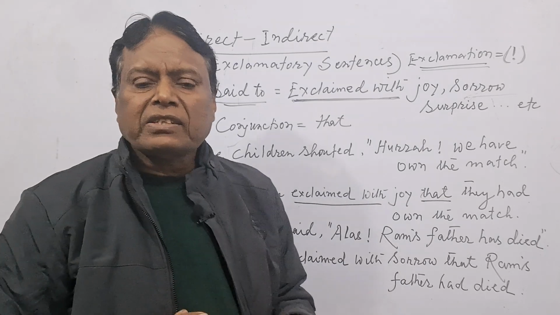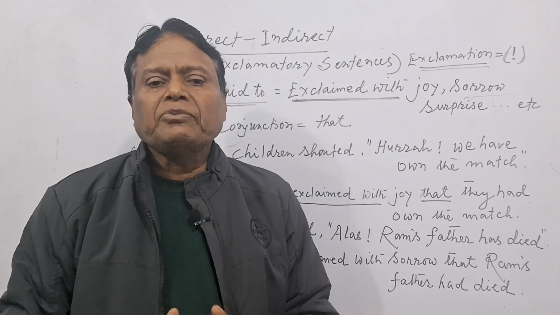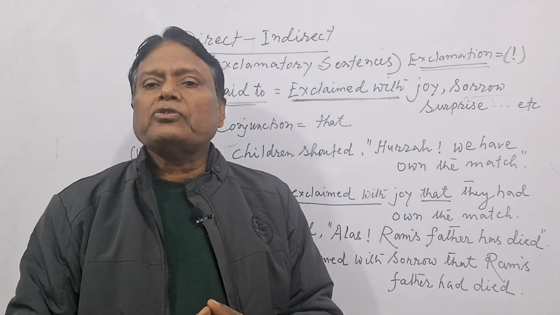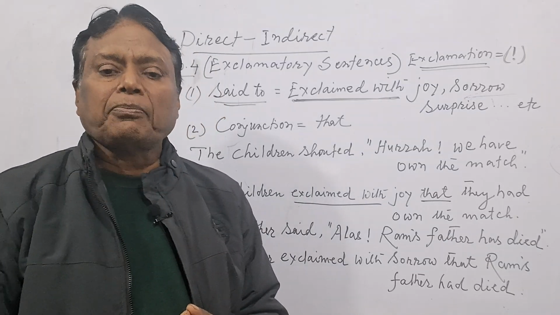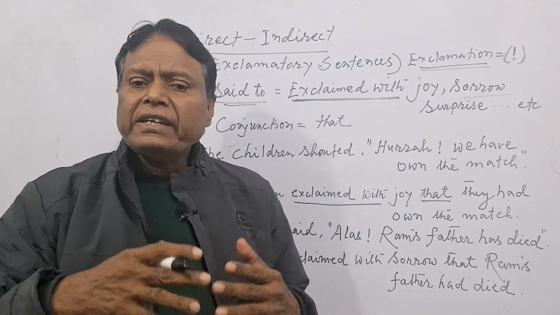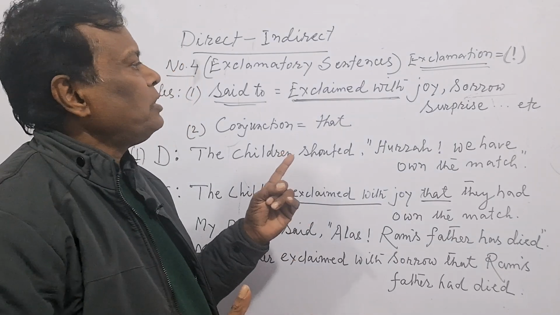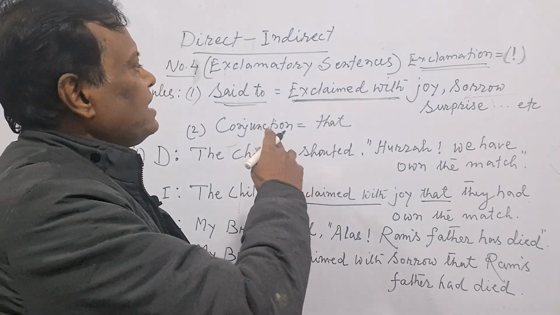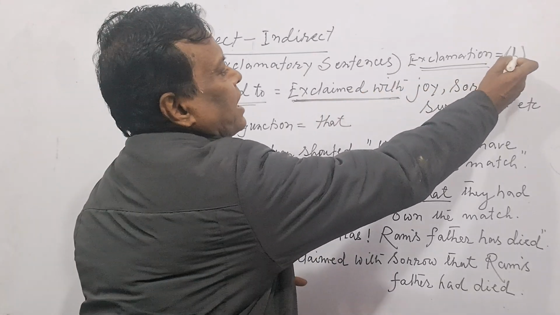This extraordinary sense, feeling comes out of it. Extreme sense of joy, extreme sense of sorrow, extreme sense of surprise. Or any extreme sense comes, at that time we get this type of symbol, and now in written English we get this sign.